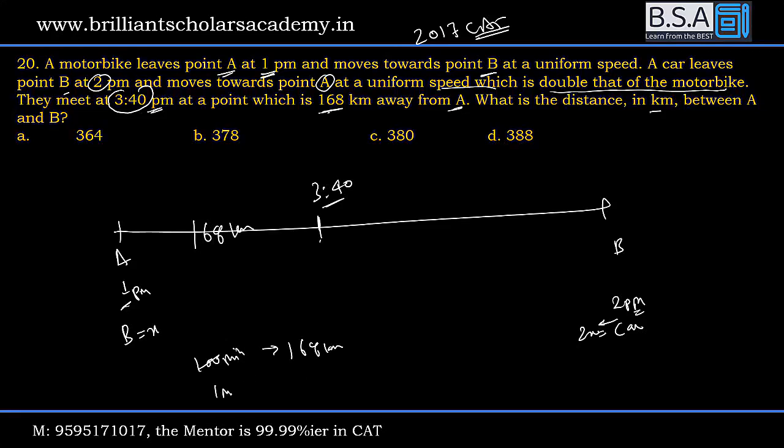For every minute, the distance traveled is 1.68 kilometers. Don't convert in speed. Nahi chahiye apne ko, don't worry. Now, because the speed of the other vehicle is double, can I say in 1 minute, the other vehicle will travel double of this? 2.36 kilometers will be traveled in every minute.